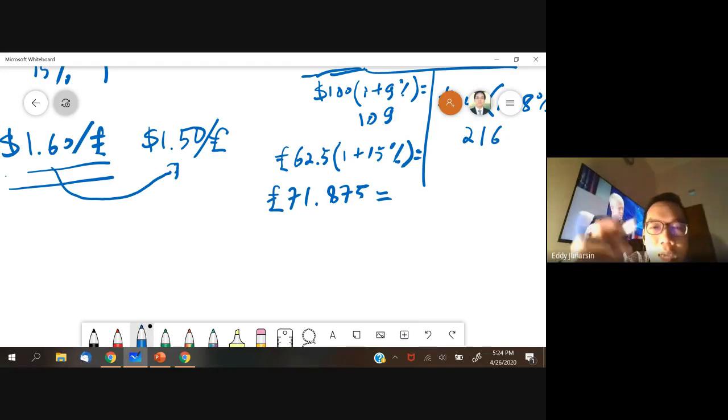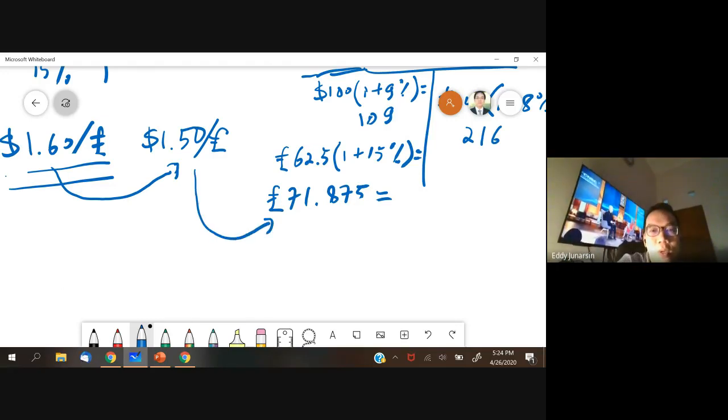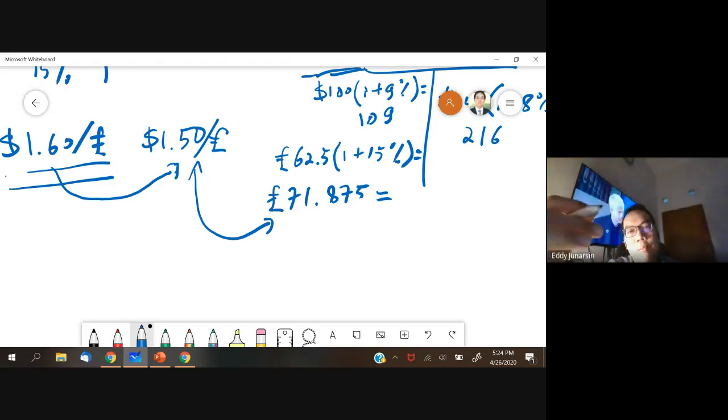So let's calculate. So now you have 71.875 million, right? Because the original 62.5 has grown by 15% as the return, right? So your money is now 71 million something. So how much is it in US dollars with the new exchange rate 1 year later? So you see the currencies are the same at the back, right?